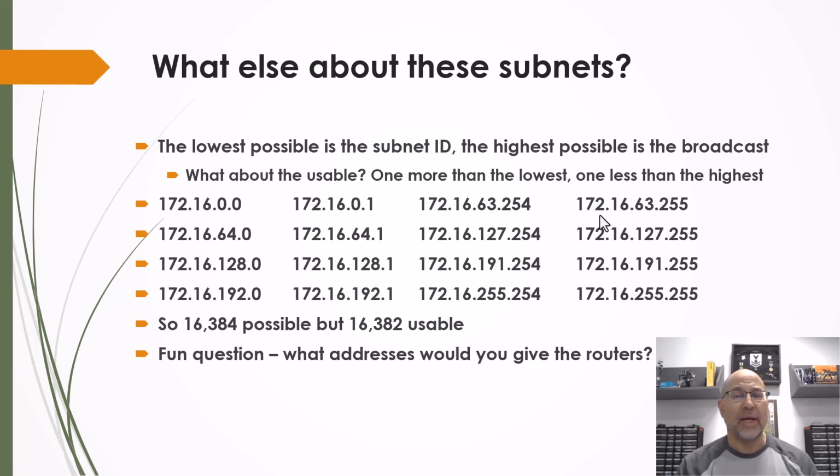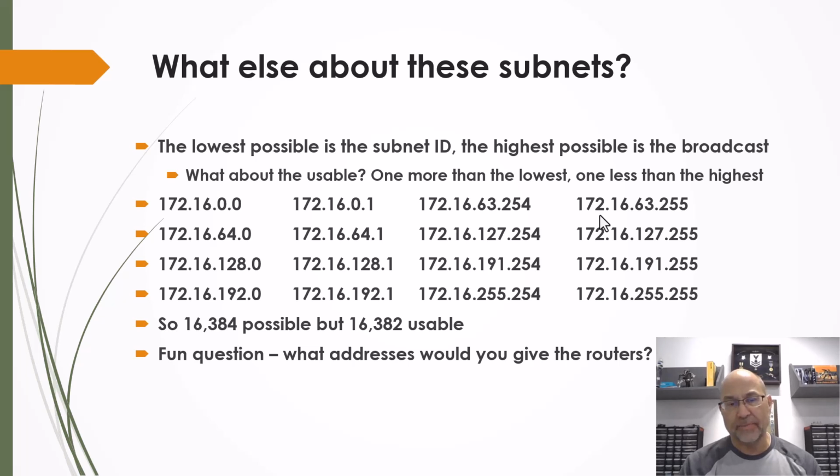And if you took 172.16.191.255, put that all in binary, and then just subtracted 1 from that, you would get 254. So that's the subnet ID for each one.